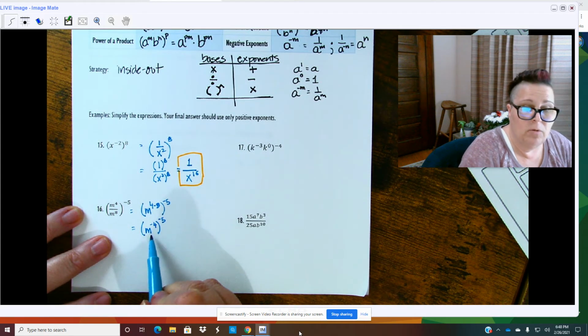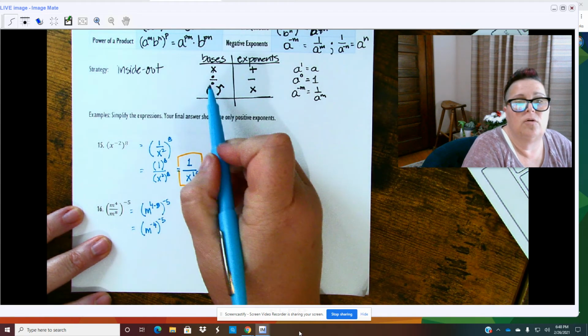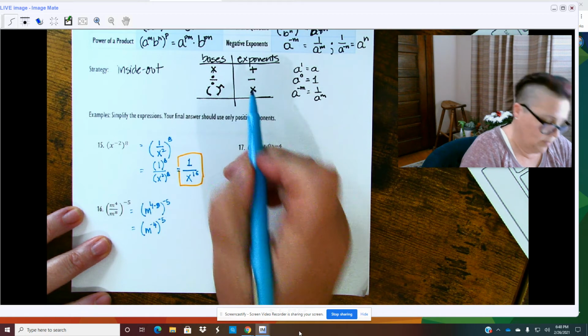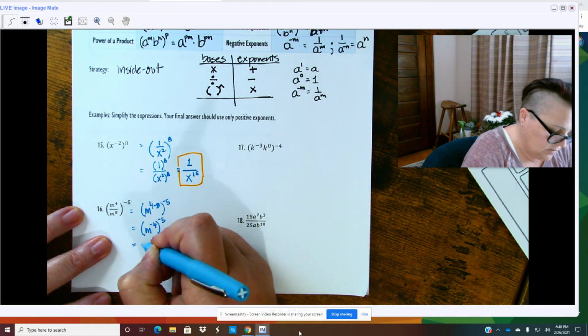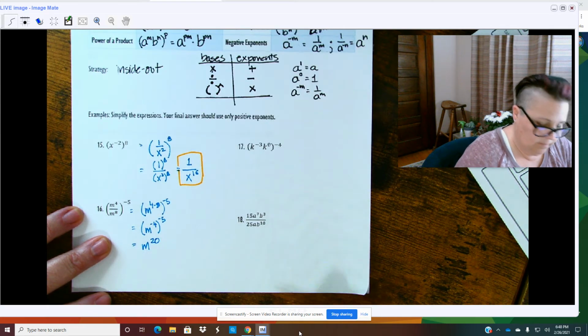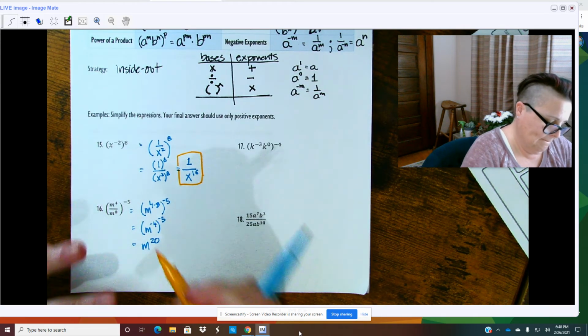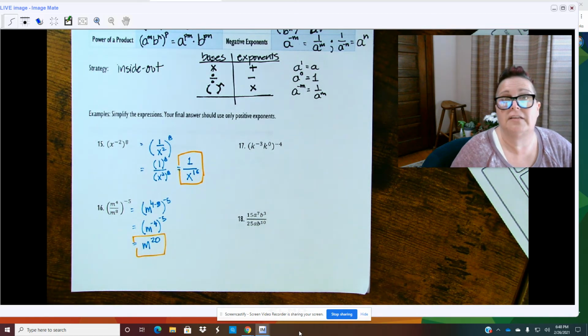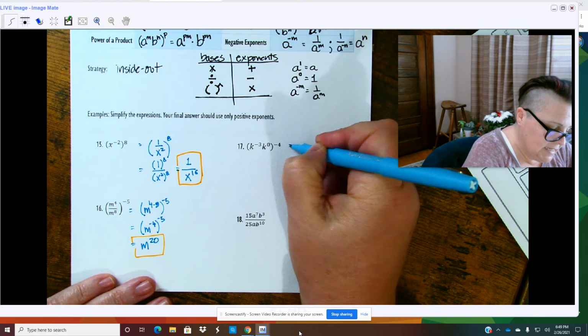Now I have a power to a power. And according to the third rule I've got here, the power to a power, I can multiply those exponents. So this would be m, negative 4 times negative 5 is 20. Positive exponents, I'm good.